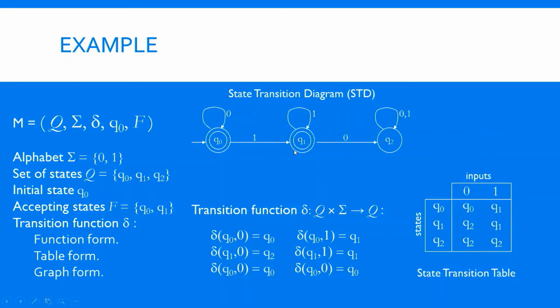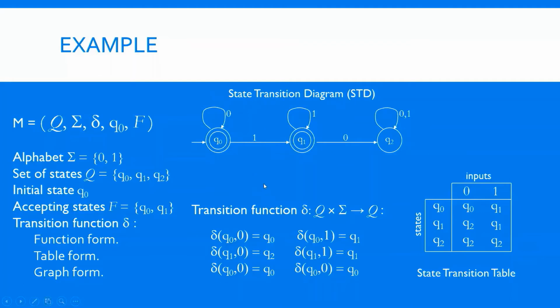What example have we taken? What definition had we given in the last class? You start from the initial state and process the symbols given in the input string. After processing all these symbols, if you reach the final state, then that string is accepted by the DFA. So here 0 is accepted.